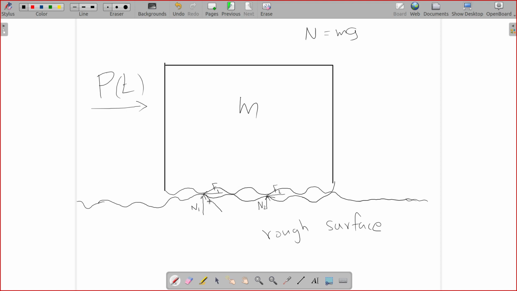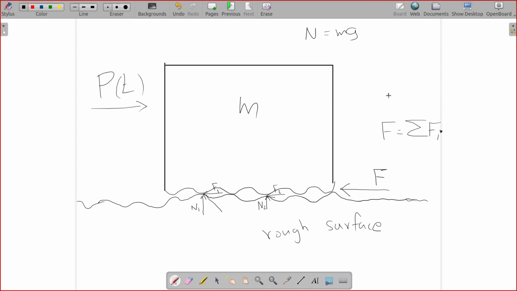So there will be a very large number of such small components when an object is in contact with a rough surface. But when we solve our problems, we will simply use F. F is nothing but the summation of all these very small Fi's.